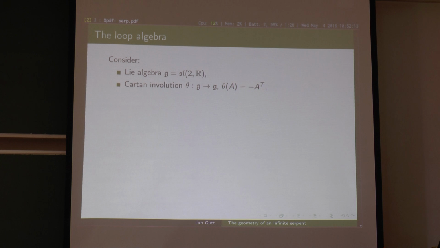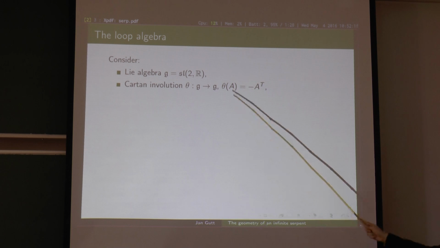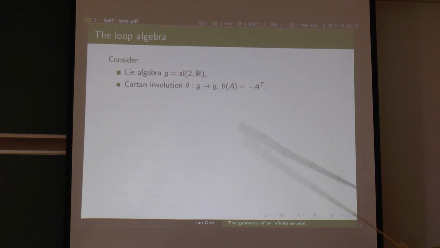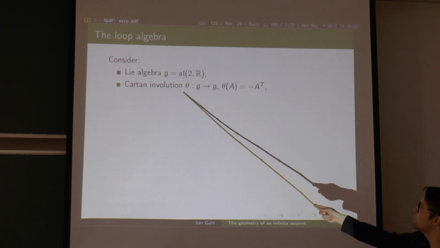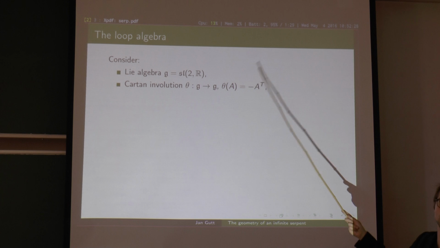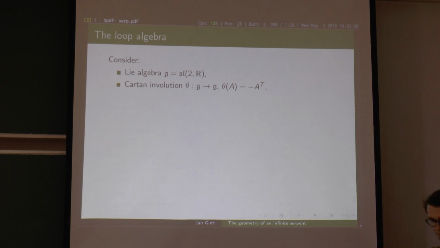Now, consider the Cartan involution theta. This is something that takes a matrix to negative transpose of that matrix. You should think of it in the following way: the subspace of SL2 fixed by theta is SO2, and this theta leads to a symmetric decomposition of G.